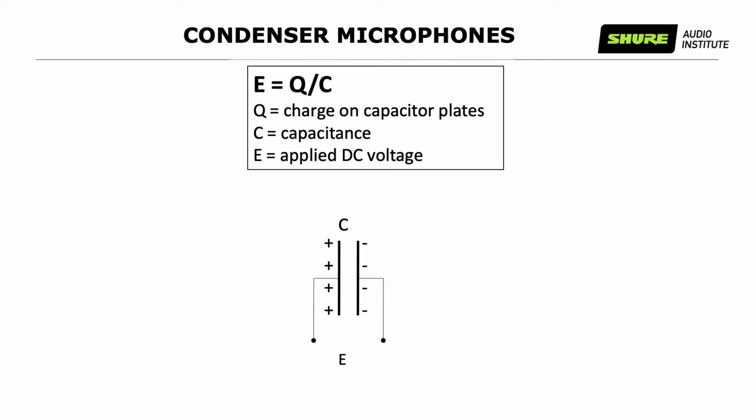The changes between that diaphragm, which is a conductive diaphragm, and the charged plate changes the capacitance. And the change of the capacitance creates a signal flow, which requires another circuit then to amplify, because that is very minute.